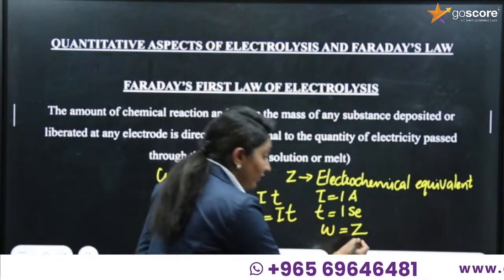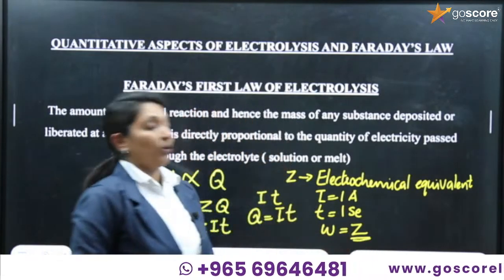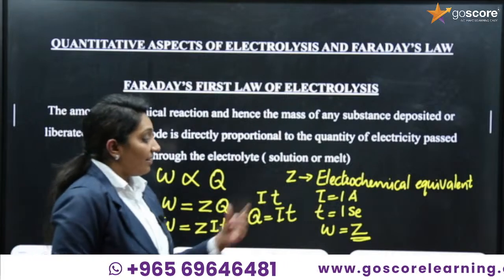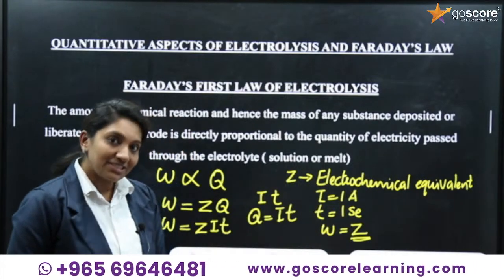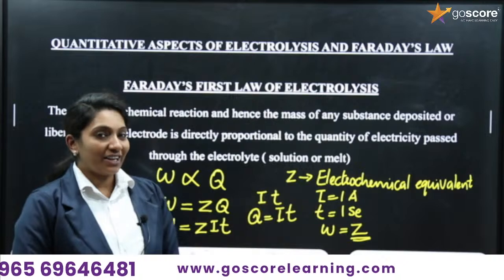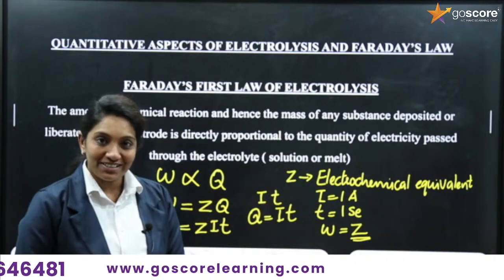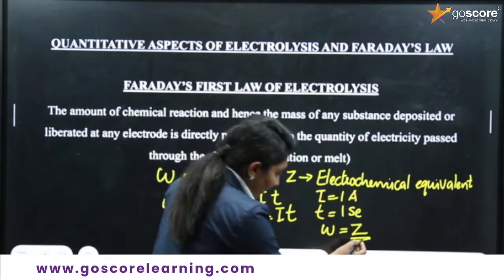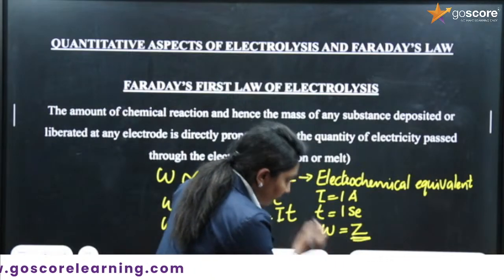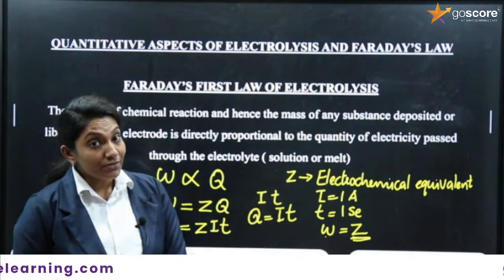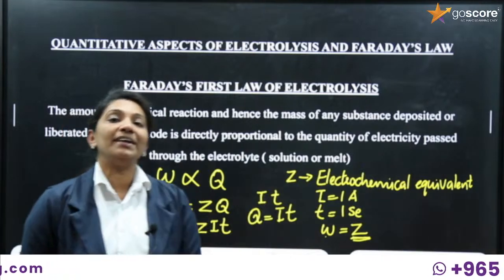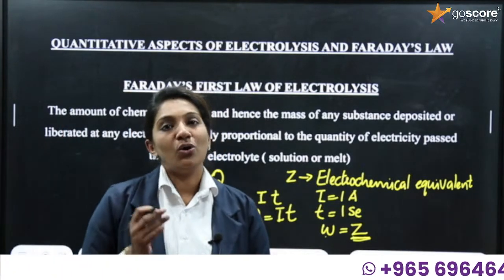So, I can define the electrochemical equivalent as the amount of substance deposited when 1 ampere of current is passed for 1 second. Isn't it? This electrochemical equivalent is the amount of substance W deposited when 1 ampere of current is passed for 1 second.